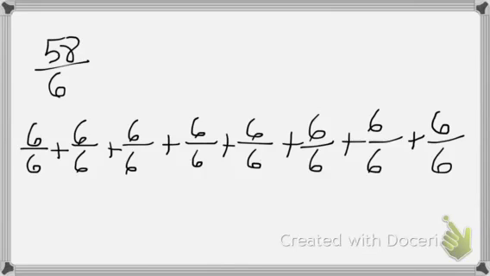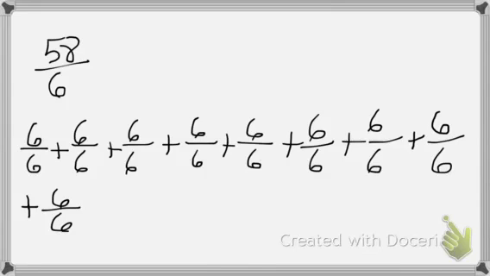We can keep going, so I'm going to keep going down here because I ran out of room. 48. Now I'm at 54 sixths, and that's as far as I can go with the holes. Okay, so what I've got is 54 sixths.